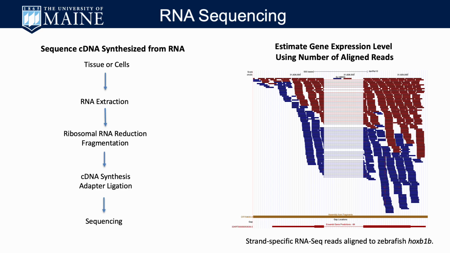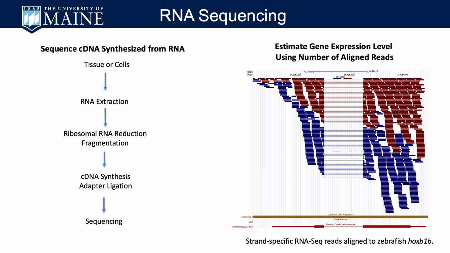And on the right, this image is trying to illustrate how the individual sequencing reads, which are those short rectangles, align to, in this case, two different exons of a zebrafish homeobox transcription factor named HOXB1B.